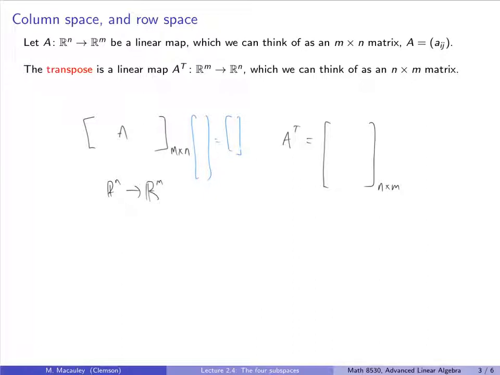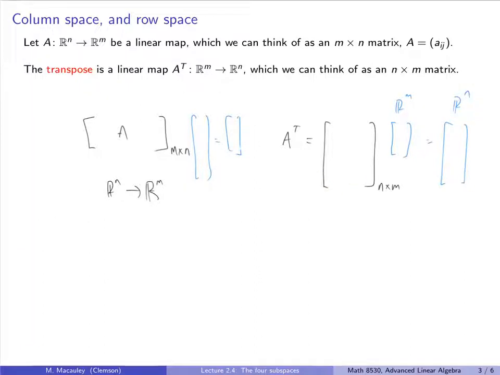Now, A transpose goes from Rm, and then what you get out is a vector in Rn. Now, these are not inverse maps of each other. But another way that I want to emphasize throughout this lecture and beyond is another way to think about a transpose.